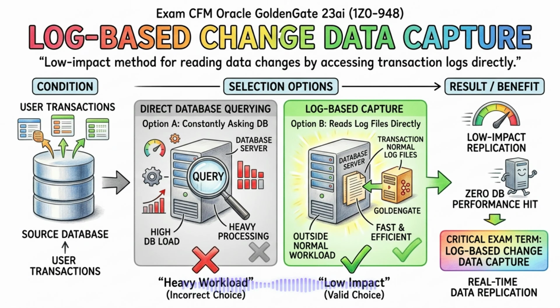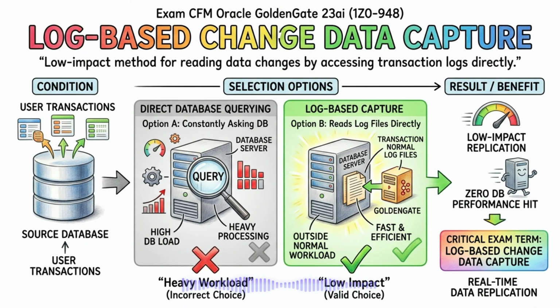Transaction logs are files where the database automatically records every change before making it permanent. By reading these files directly, GoldenGate operates outside the normal database workload, making it incredibly fast and efficient. This process of reading from the logs is called log-based change data capture, a critical term you must remember for the certification exam.